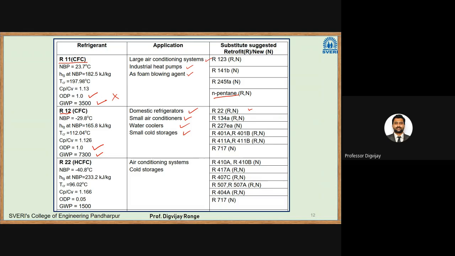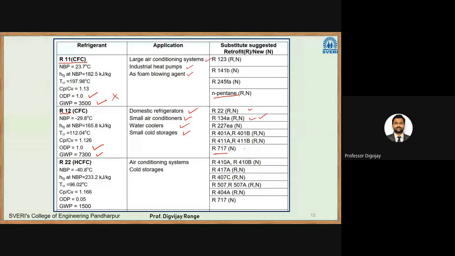Then R134A, a very good refrigerant widely used in many applications. Then we have R227, R401A, and R717, which is ammonia. 17 is the molecular weight of ammonia, so that will be NH3.